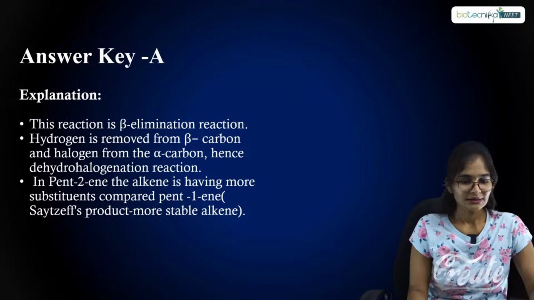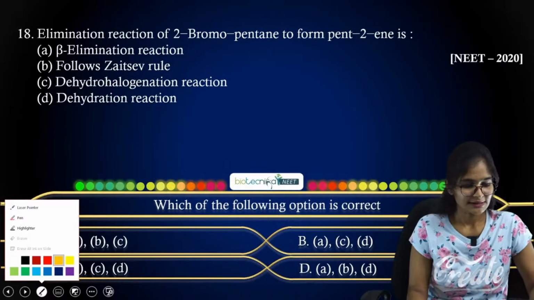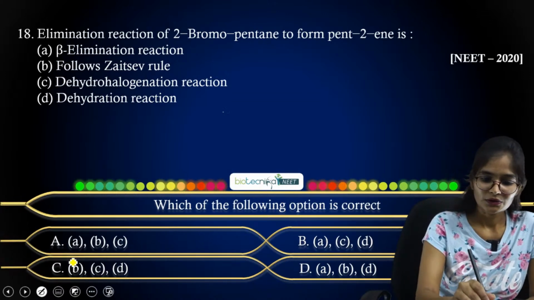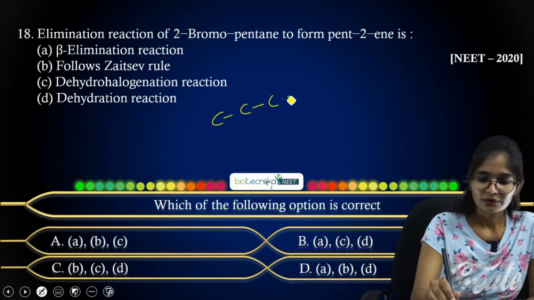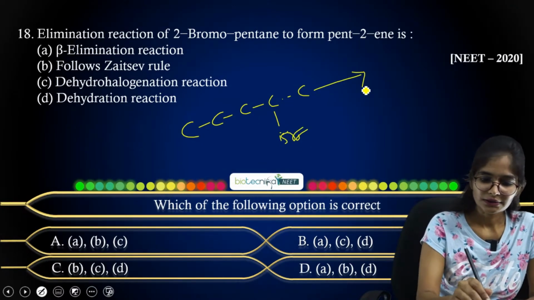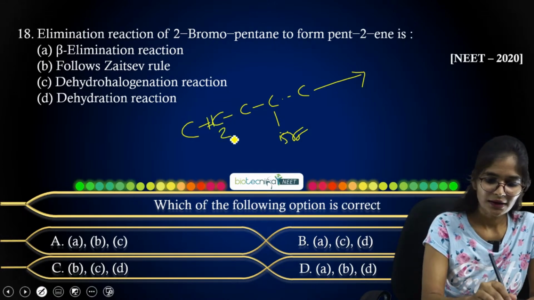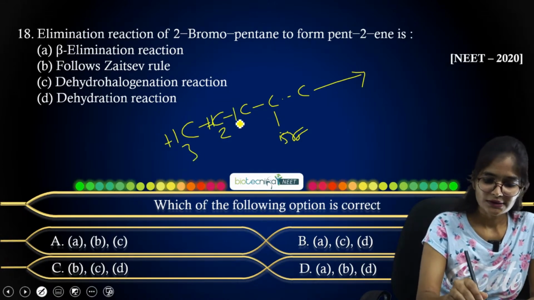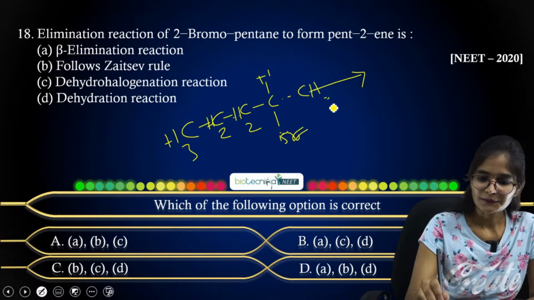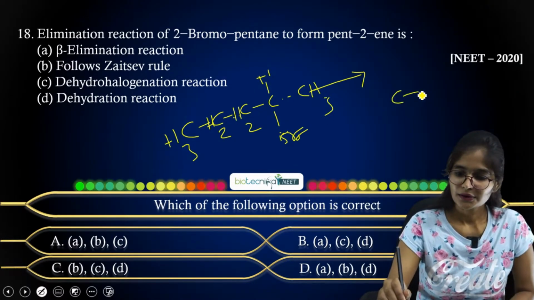Coming to the conversion, let me show it here. With respect to 2-bromopentane, you have 1, 2, 3, 4, 5 carbons. You have 2-bromopentane and you are converting it. Simultaneously there will be hydrogens also. I am showing it directly, hydrogen, and here CH3. You are converting it into pent-2-ene, right?